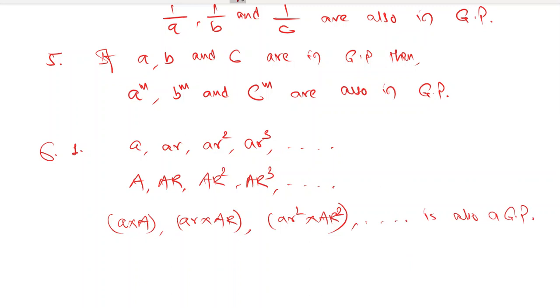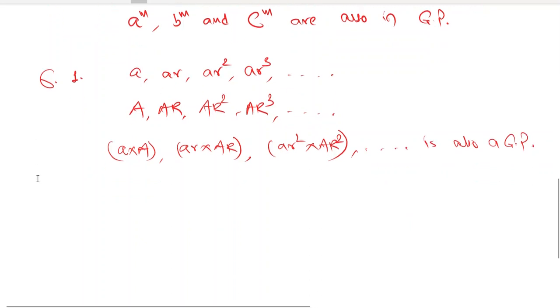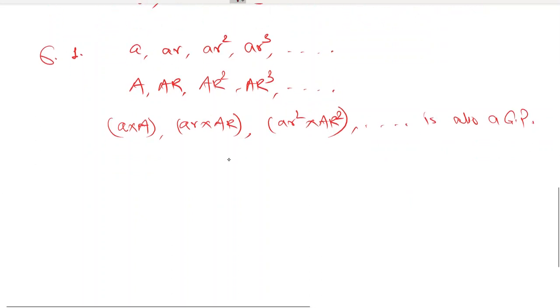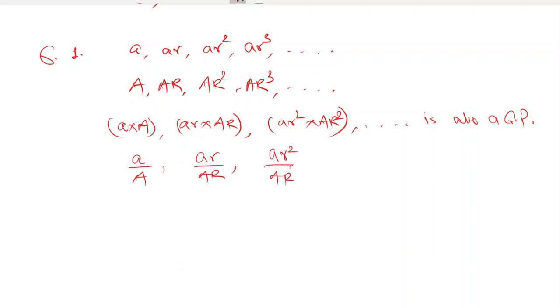So if corresponding terms of two different GPs are multiplied, then you will get a GP. And similarly, if corresponding terms of two different GPs are divided, you also get a GP. So the sequence which you have got here is also a GP. These are the six very important properties of GP which you have studied.